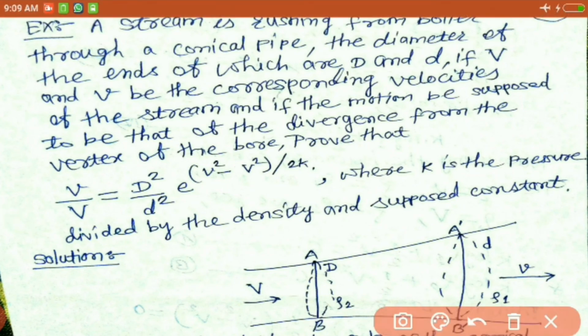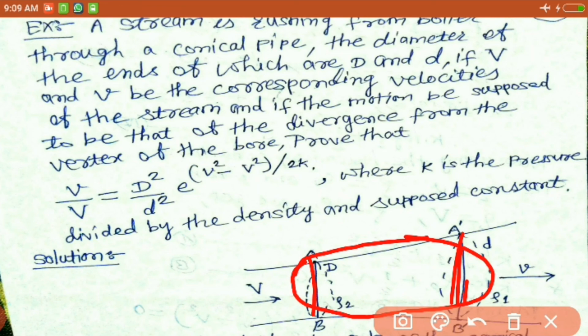So what is this? This AB and this A dash B dash are the ends of this conical pipe. This A dash B dash is the small d, and this AB is the capital D distance.